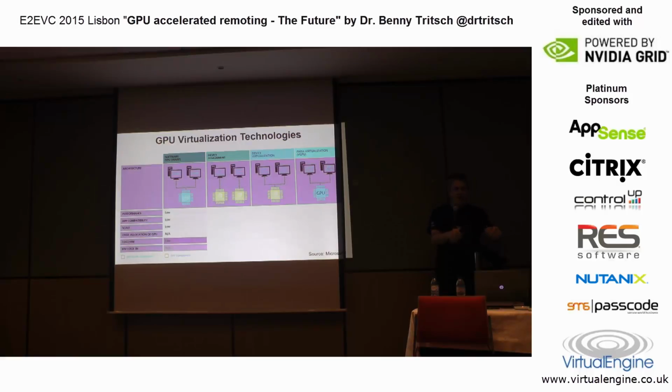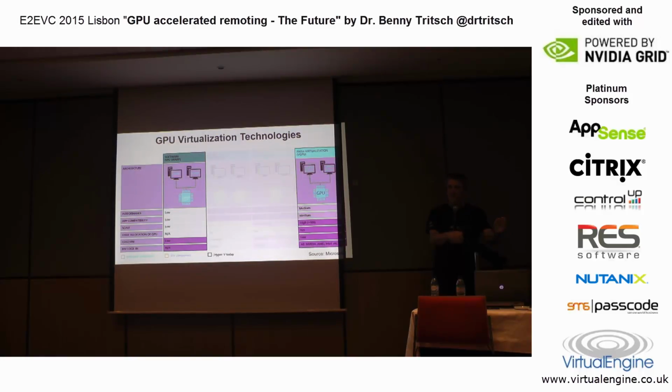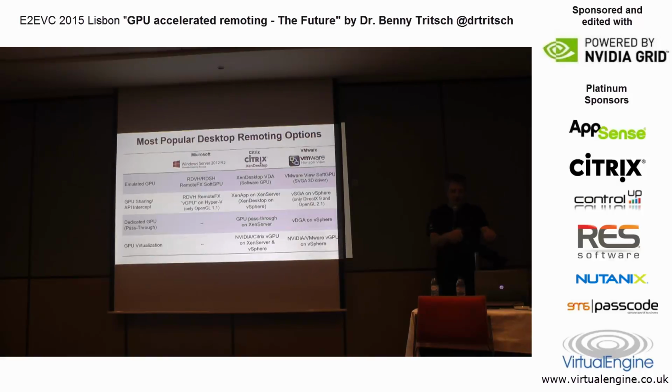Now if you compare those, you see that there are different use cases for them, and what Microsoft did is say very clearly, we only support these two flavors, software and the RemoteFX vGPU. If you attended the MVP session that we did about an hour ago, you'll already have learned that Microsoft has now extended it also to pass-through. So this is just for you to know the basics.